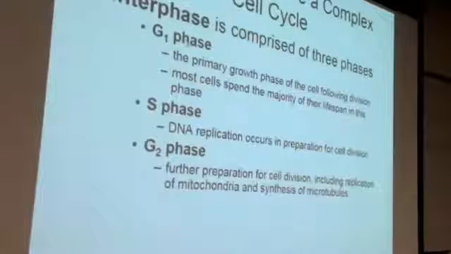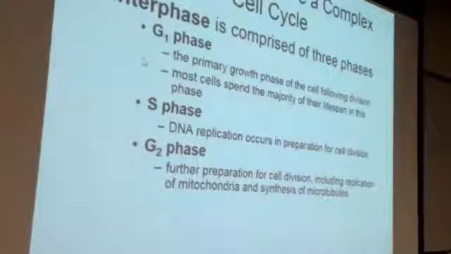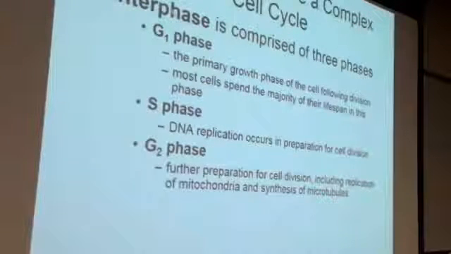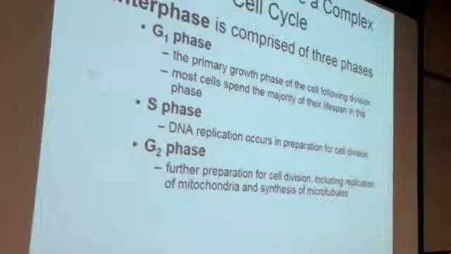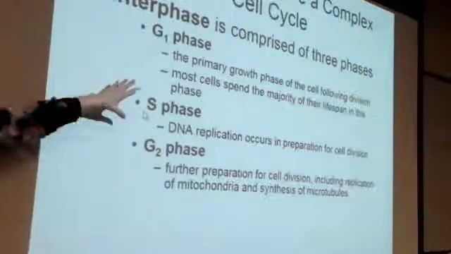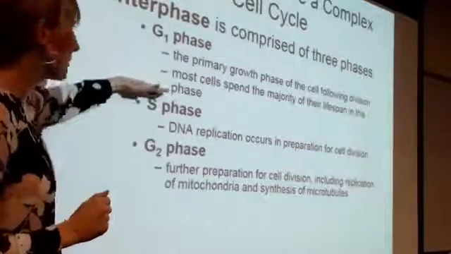Okay, G1, longest of the 3. G1 takes probably more time than the S phase and G2 together. So this is the longest part. All right, after that, the S phase. Only cells that are going to divide go past G1.